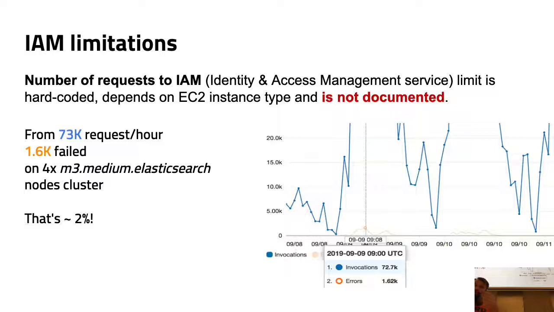So before the request even reaches Elasticsearch, you will get a connection failure, which means it's something that you cannot do much about. What support recommends is to scale your cluster even if you don't need more capacity from Elasticsearch itself. And again, this kind of hard-coded configuration is not documented anywhere on the website.